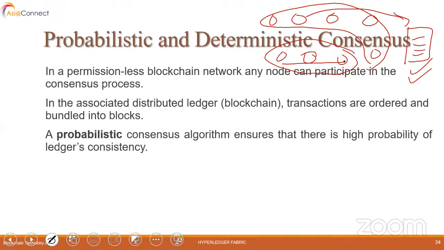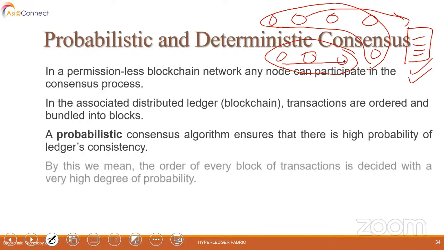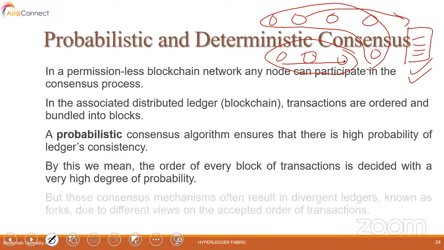So I say that a probabilistic consensus mechanism ensures that there is a high probability of the ledger's consistency, right? That this ledger is consistent. So what does that mean? The order of every block of transactions is decided with a very high degree of probability. That is what a probabilistic consensus mechanism is.